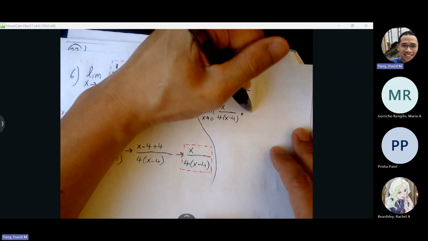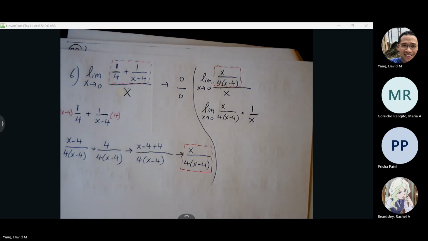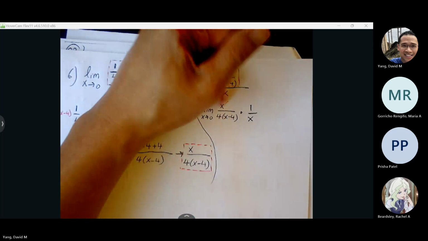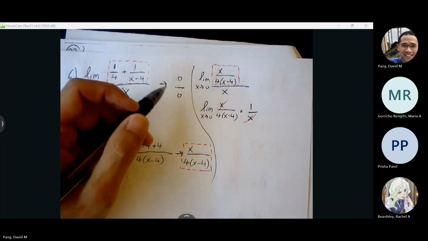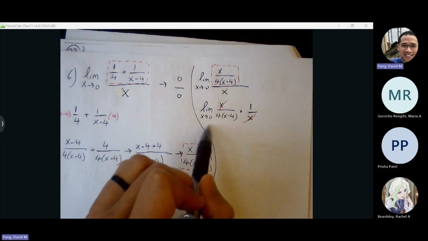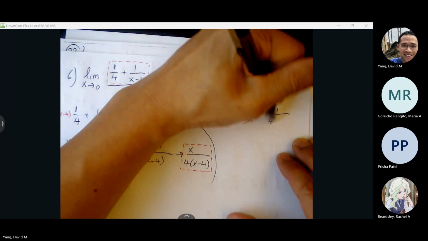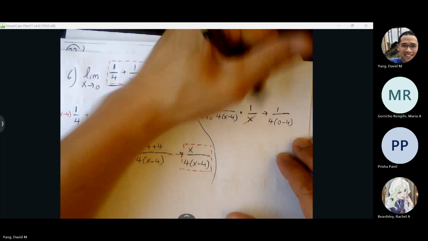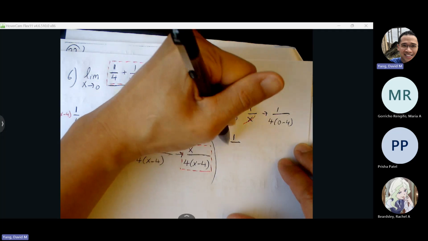The reciprocal of x is 1 over x. The hole has been removed. Reevaluate the limit, plug 0 into the remaining x. 4 times -4 is -16. It's in the denominator, so -1 over 16.